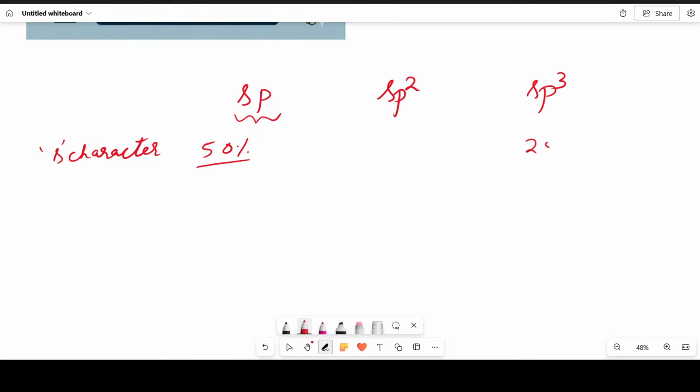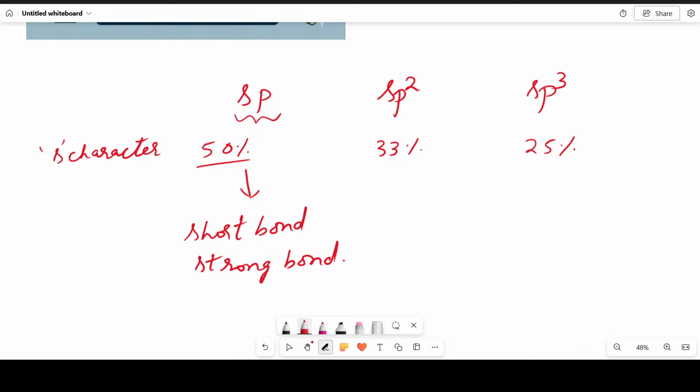It is 25% of s character in sp3 hybridization, 33% of s character in sp2 hybridization. Because in sp, the s orbital is closer to the nucleus, it forms a very short bond and strong bond compared to sp2 and sp3.